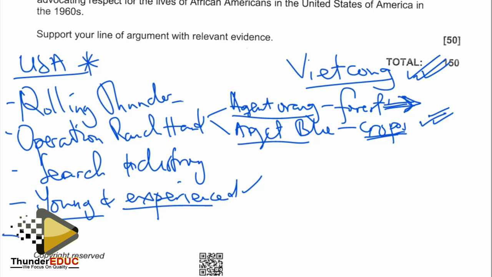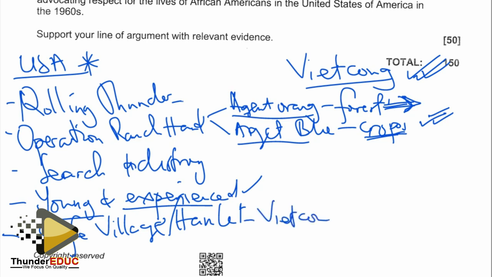Then you can also talk of the safe village policy, or the hamlet, whereby America was trying to split villagers from the guerrillas so that they would know who the guerrillas were. However, it did not work. The Viet Cong operated in the villages.